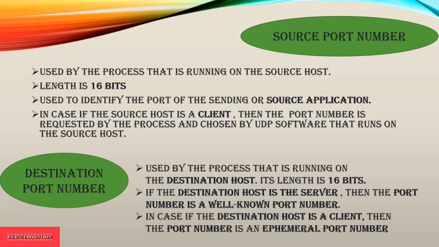When the source host starts sending the data, it is also used to identify the port of the sending or source application. So if the data is sent from the source side, that is the client side, it will identify through which port it has been communicated.